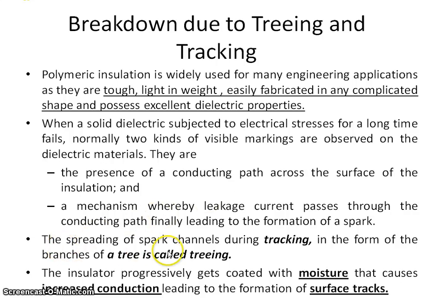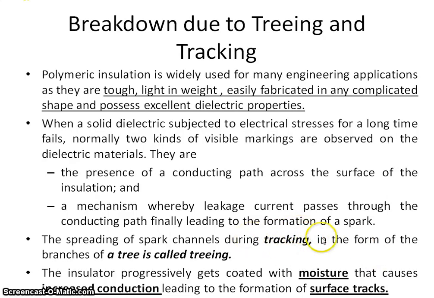The spreading of the spark channel during tracking in the form of branches is called treeing. Tracking means the spreading of spark channels, the track that provides a path for the current to pass.